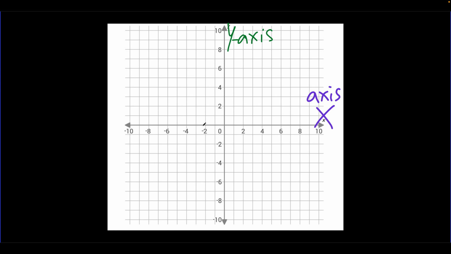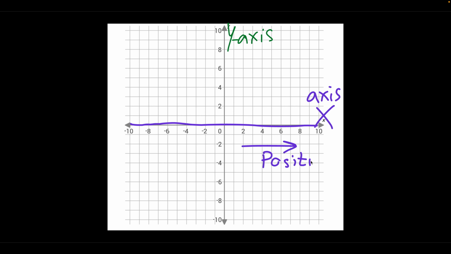Another thing that you might have noticed, let's look at the x-axis for a second. That's this long line here. As we go to the right, we get positive numbers, and as we go to the left, we get negative numbers.